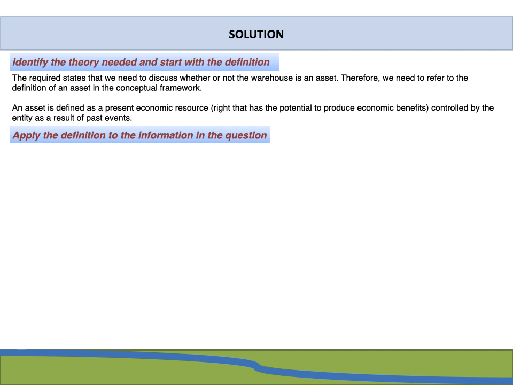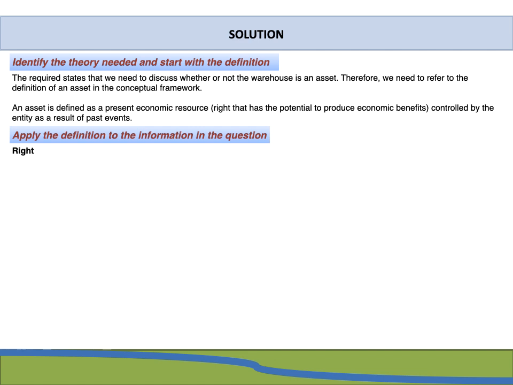If we apply the definition to the information in the question, we start with what is a right? Because the first part of our definition says a present economic resource. Now we know that a present economic resource is a right that has a potential to produce economic benefits. So we're first going to break that part up and deal with what is a right.